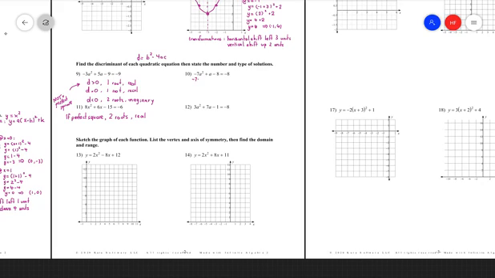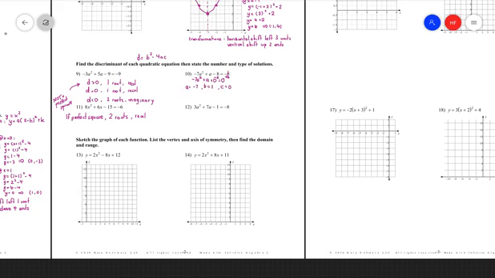Negative 7a squared plus a, and then I'm going to add 8 over, and I get plus 0 equals 0. So a is negative 7, b is 1, and c is 0.